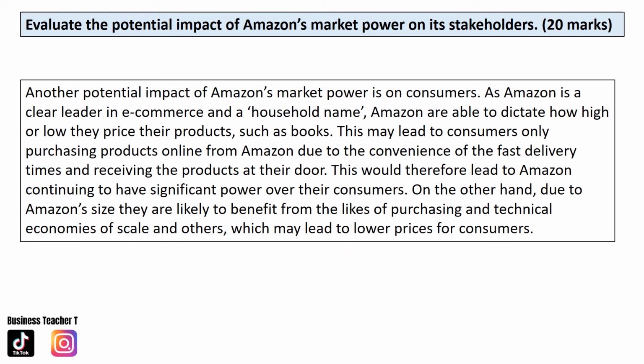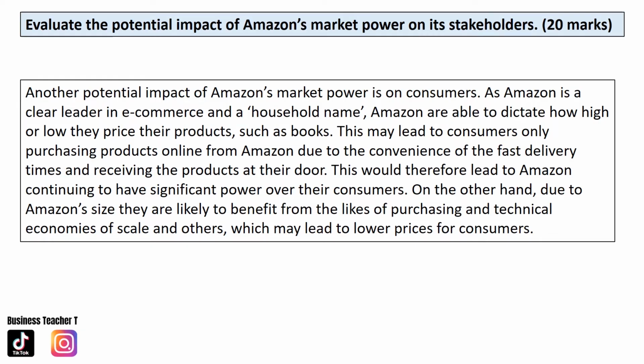Our second paragraph. Another potential impact of Amazon's market power is on consumers. As Amazon is a clear leader in e-commerce and a household name, Amazon are able to dictate how high or low they price their products, such as books. This may lead to consumers only purchasing products online from Amazon due to the convenience of the fast delivery times and receiving the products at their door.